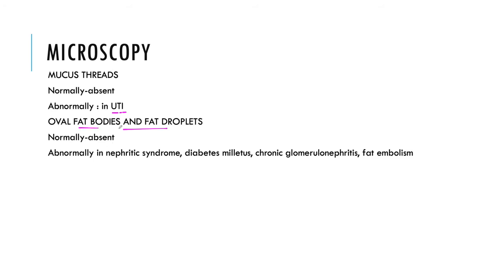Oval fat bodies and fat droplets can also sometimes be seen in the urine. Normally these are absent, but abnormally they appear in problems of the nephron: nephrotic syndrome, diabetes mellitus, chronic glomerulonephritis and fat embolism. In these cases, oval fat bodies and fat droplets can be present in the urine.